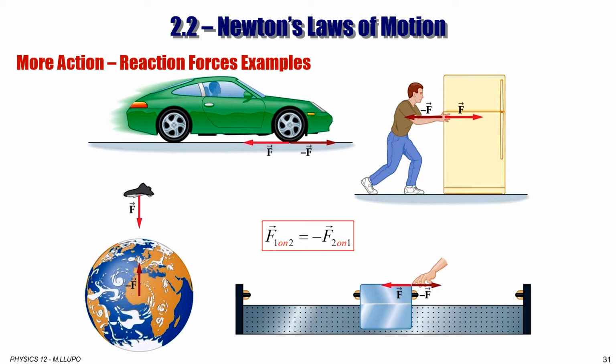Action-reaction is, as we mentioned before, also the force of gravity. So Earth is pulling an object, for example an artificial satellite or any object, down toward the center, and that object is pulling the Earth toward the center of that object.